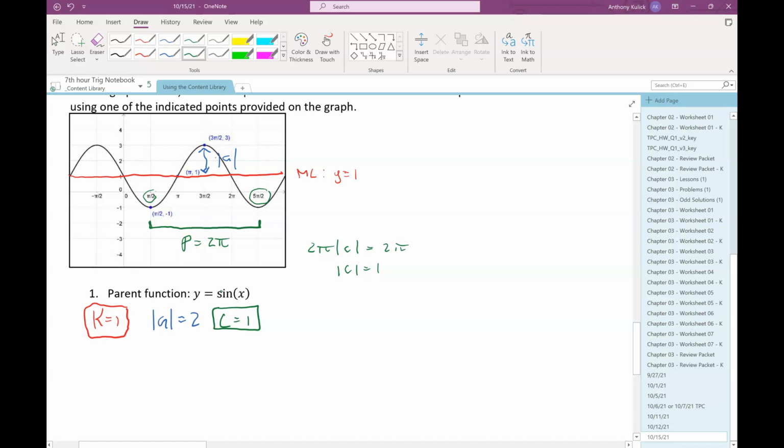Leo? Where do you get the 2 pi on the end of that though? Like 2 pi times c equals 2 pi. So I'm talking about the distance from here to here, which is 2 pi. Okay with that? And again, I'm just kind of counting. If you wanted, you could say the x from the point on the right minus the x from the point on the left.